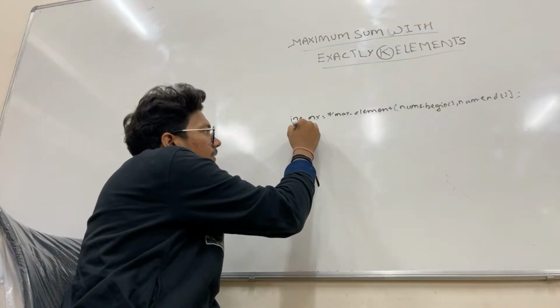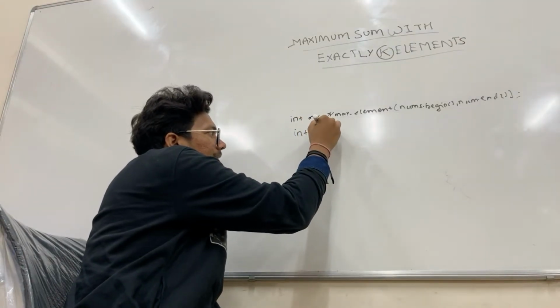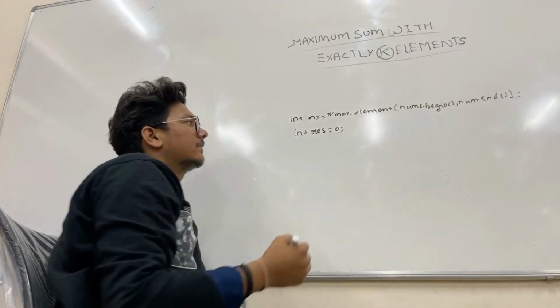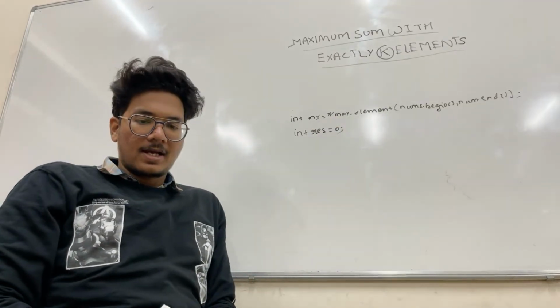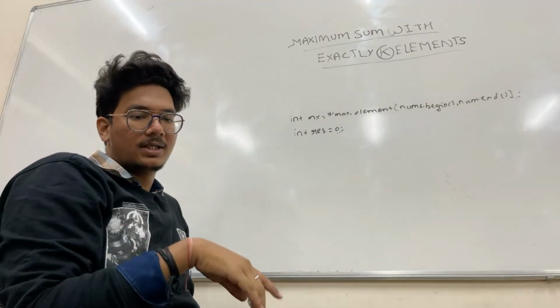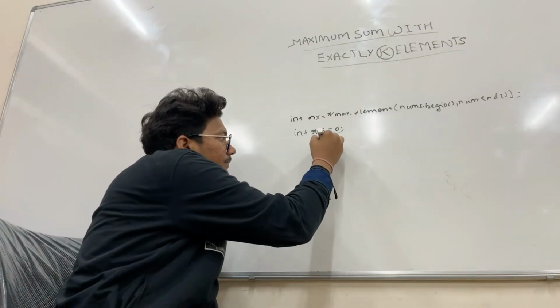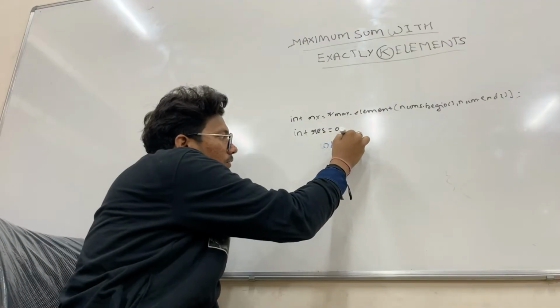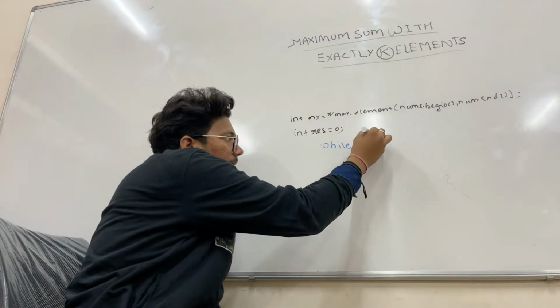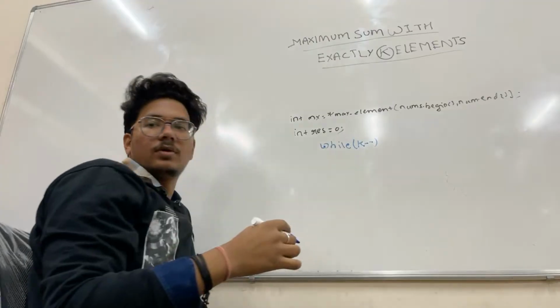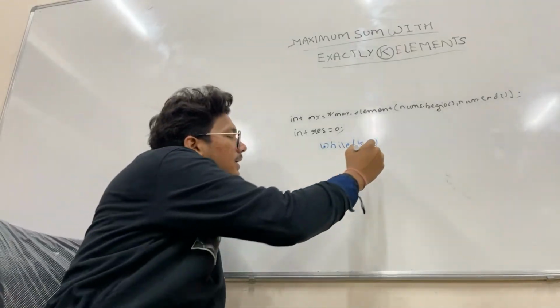Our goal is to give the best result, so result is initialized with 0. After that we perform a while loop k times, decrementing k every time until it becomes 0.